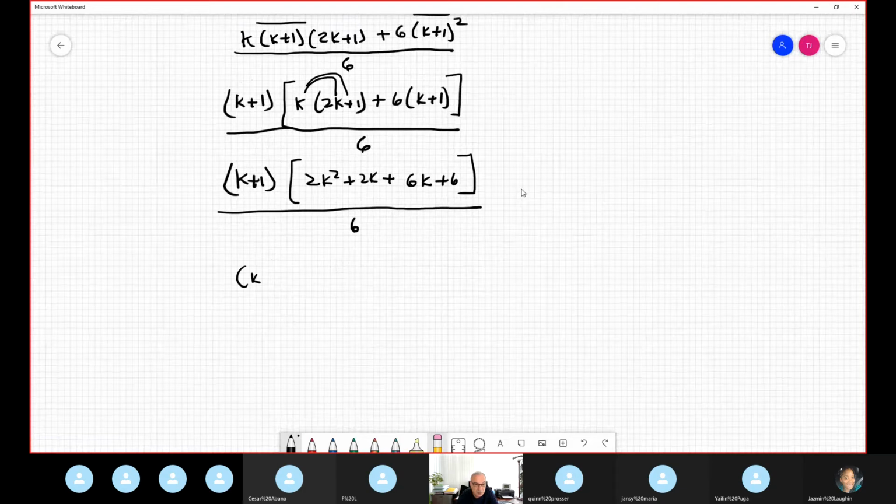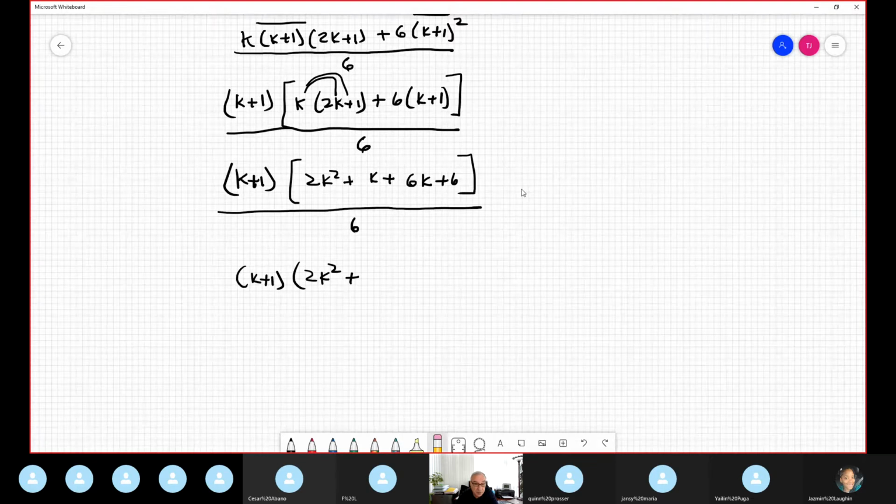So we have k plus 1, in parentheses, 2k squared plus 8, no? Plus 8 or plus 7? Wait, this is not 2. Mistake here. 2k squared, this is k times 1 is k. So 1k and 6k is 7k plus 6. Super, divided by 6. We continue manipulation. Maybe yes, maybe no, I don't know.